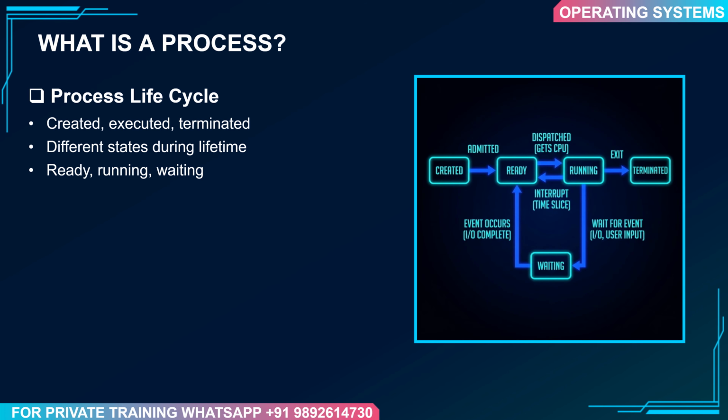A process also has a life cycle. It does not exist forever. It is created, it runs, and then it ends. We will study process states and transitions in detail later, but for now, it is enough to know that a process goes through different phases during its lifetime. Sometimes it is ready to run, sometimes it is actually running on the CPU, and sometimes it is waiting for something like user input or data from the disk.